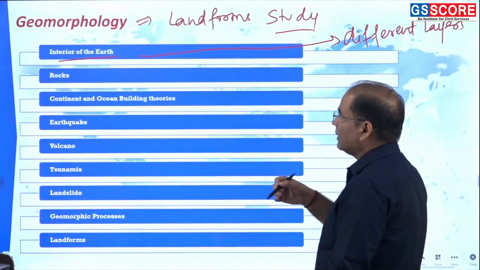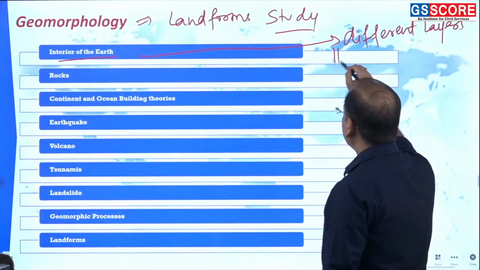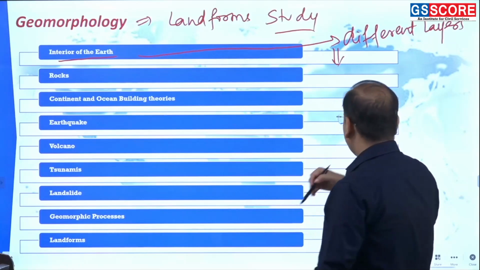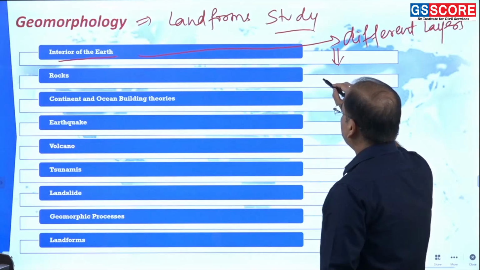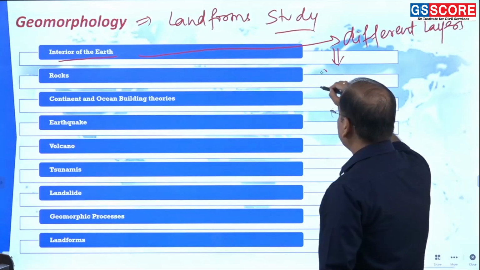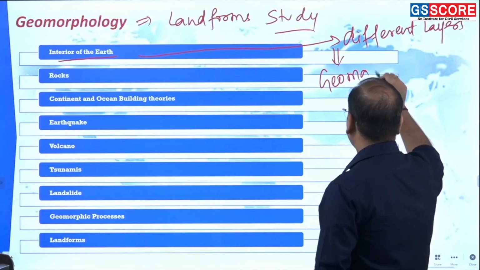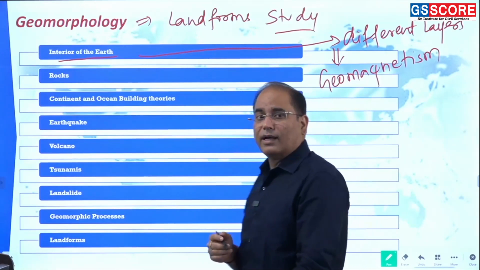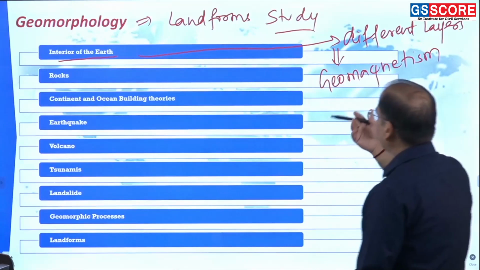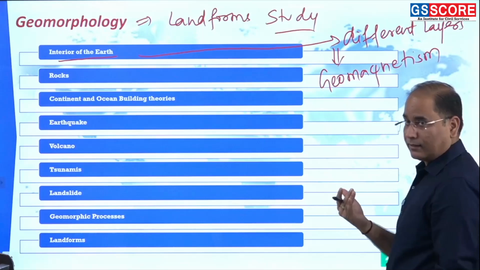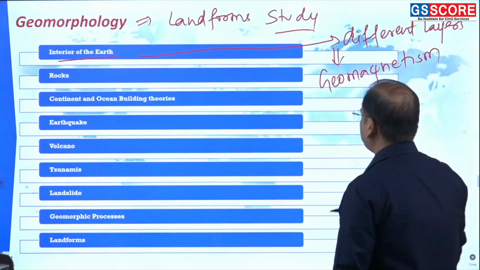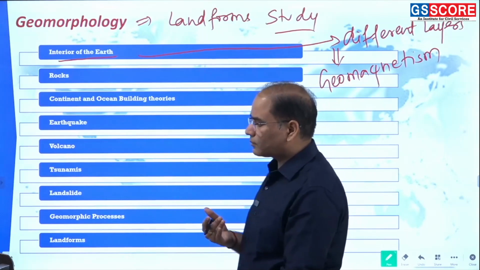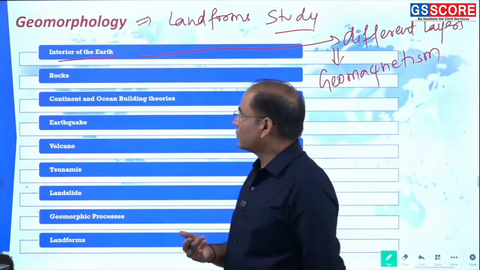In fact, the study of the earth's interior will also give you some insight into interesting forces like geomagnetism. The earth behaves like a magnetic bar, and that is mainly associated with the interior layer, mainly the outer core, from where the earth gets magnetized. So these are the topics you are supposed to study.